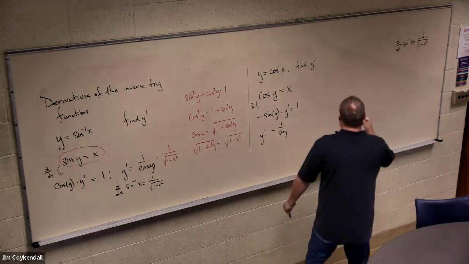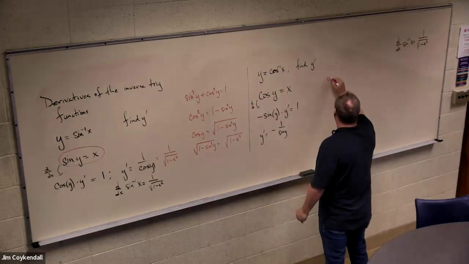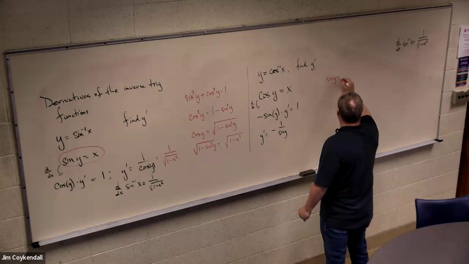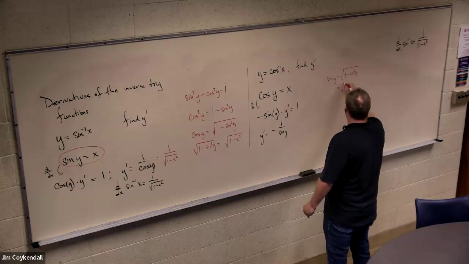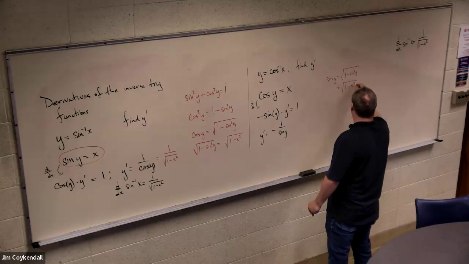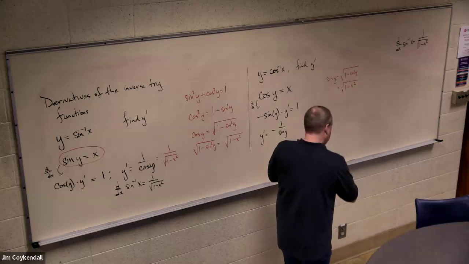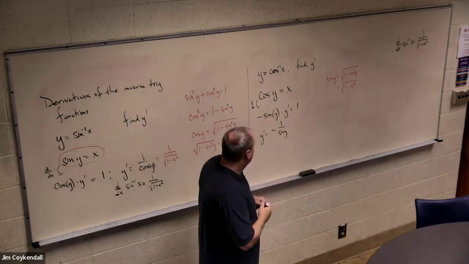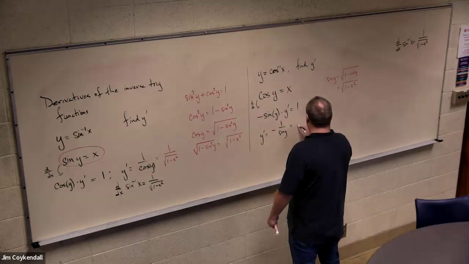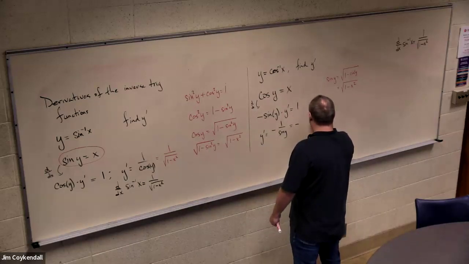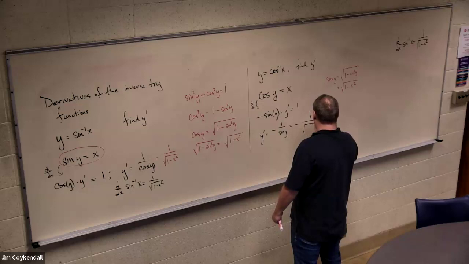Notice that sine y is the square root of 1 minus cosine squared y, which is the square root of 1 minus x squared. So this is minus 1 over the square root of 1 minus x squared.